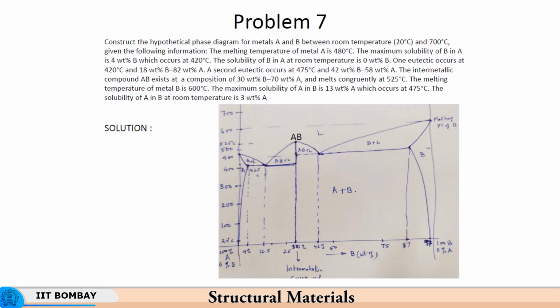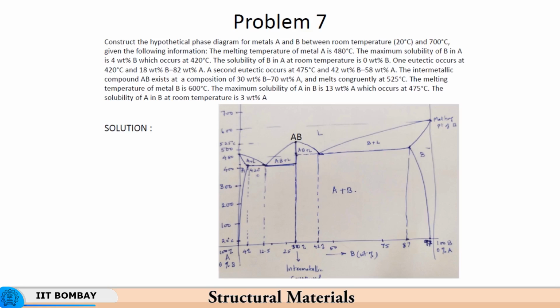Now, this is the explanation being given after this has been constructed. Now, how do you proceed to construct? You first mark off the axes: different temperatures on the y axis and chemical composition on the x axis from 0% B to 100% B in maybe steps of 10% of B, and then you mark off the melting point of A over here.